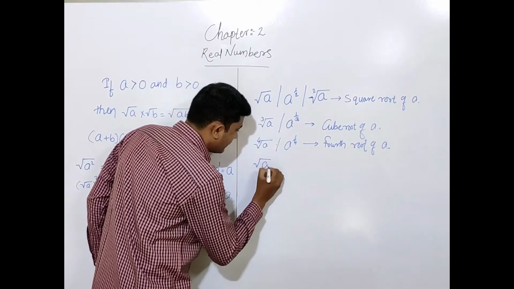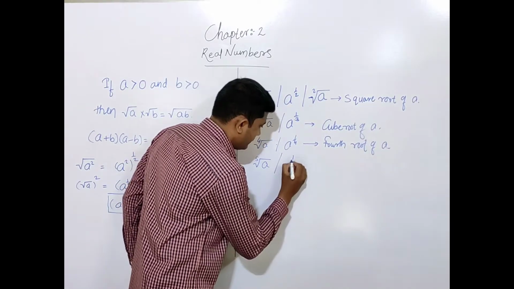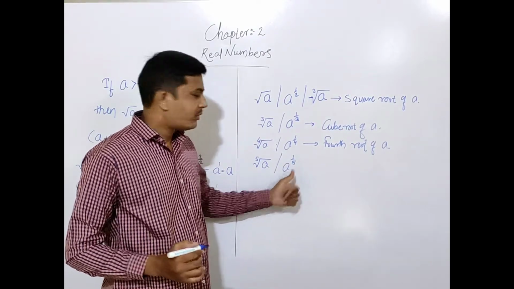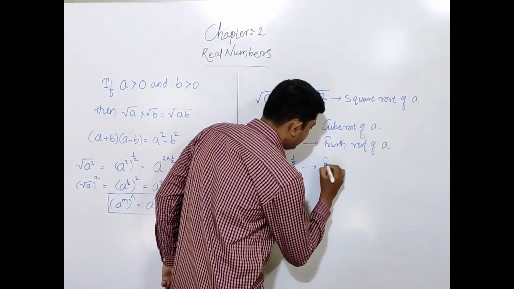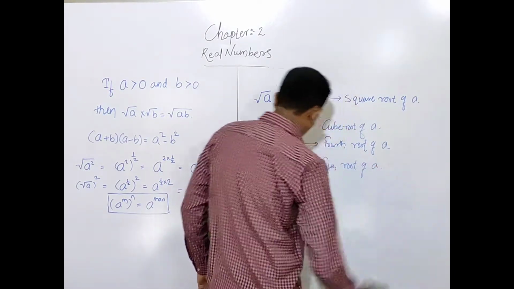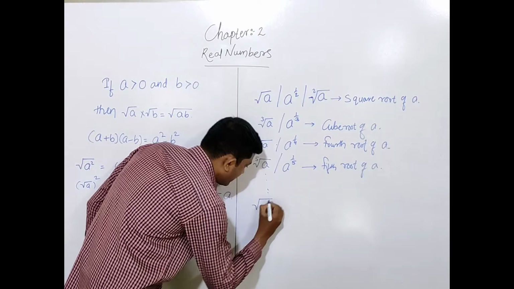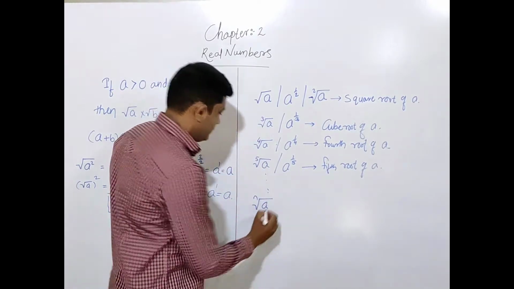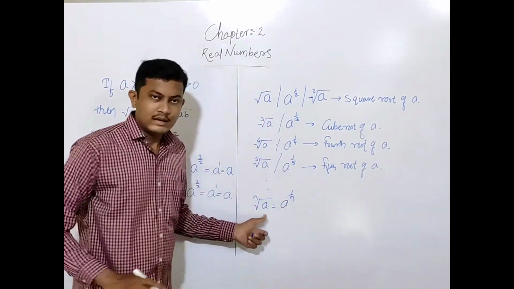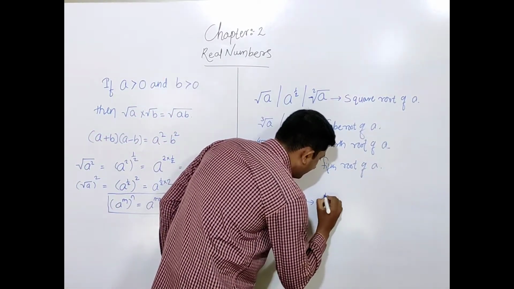Since for this, fifth root of a is also given as a to the power 1 upon 5, read as fifth root of a. In the same way, for the nth term we can express it: nth root of a is equal to a to the power 1 upon n, and read as nth root of a.